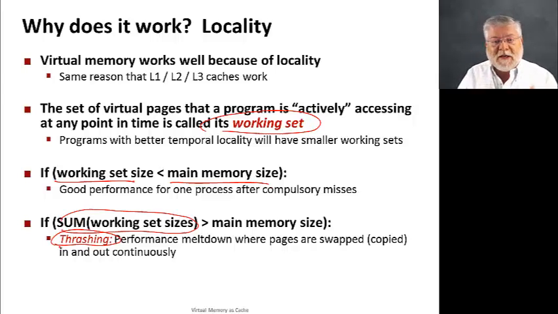And if there's too many of these running at the same time, in other words, those working sets don't all fit in main memory, then we're constantly juggling what's in main memory, what's on the disk, what's in main memory, what's on the disk. And we end up swapping and copying pages all the time. And when we do that more and more, we get this performance meltdown called thrashing.